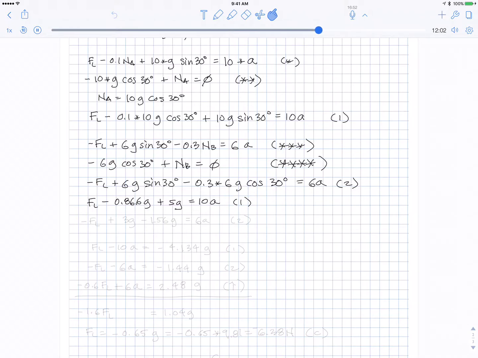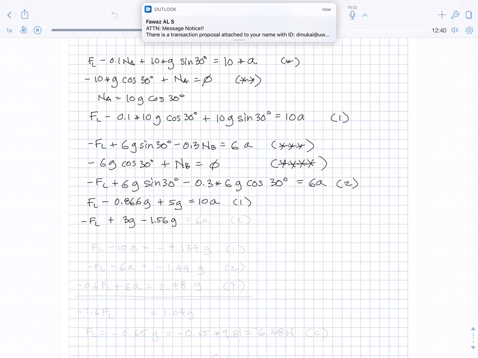I'll simplify equation 2. 6G sine 30 degrees turns out to be 3G, because sine 30 is a half, and then minus 0.3 times 6 times cosine of 30, which comes out to 1.56, and that will equal 6A.